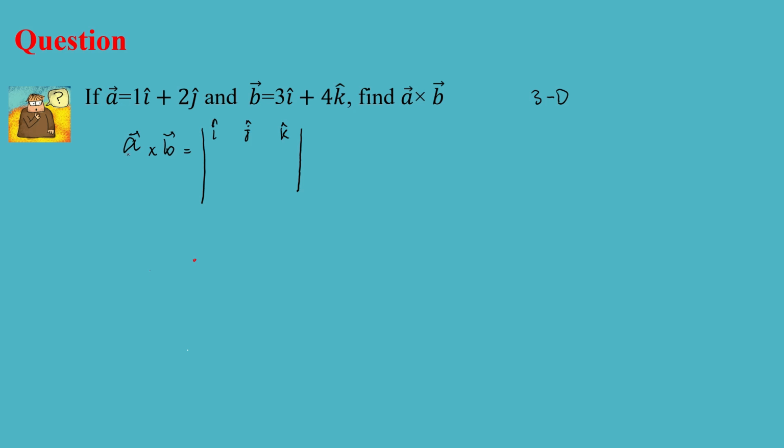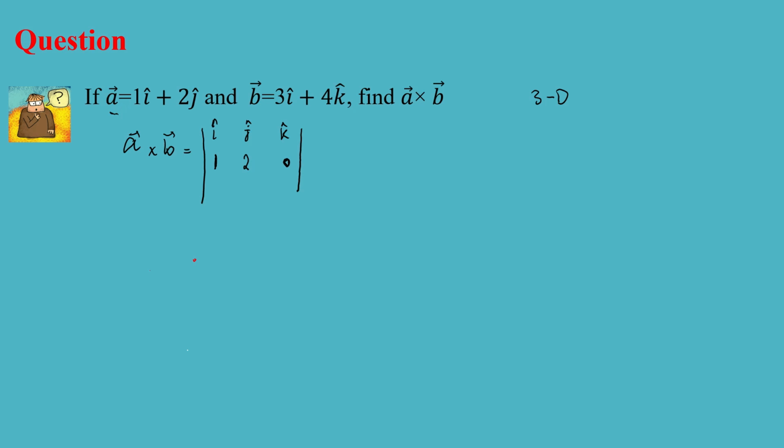So then vector A is going to be in my second row. I have I, so it's going to be 1, and then for J I have 2, and for K it's going to be 0 because I don't have any parameter for K in vector A, right? But what about B?